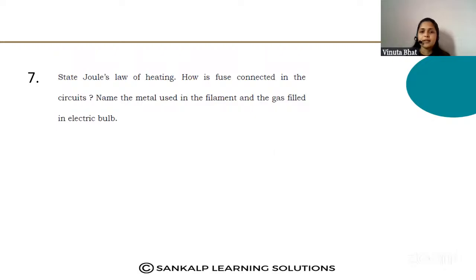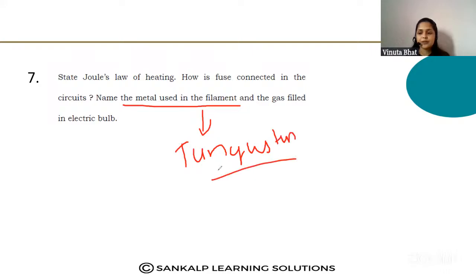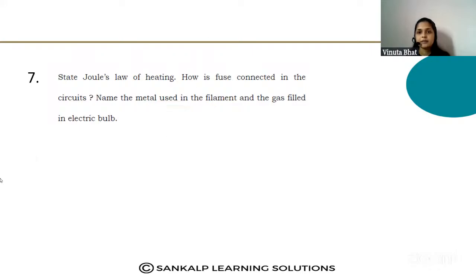Next question. Name the metal used in the filament and the gas filled in the electric bulb. In the electric bulb, which metal is used to form the filament? The tungsten filament is used here, and the gas filled is the inert gases argon and nitrogen.